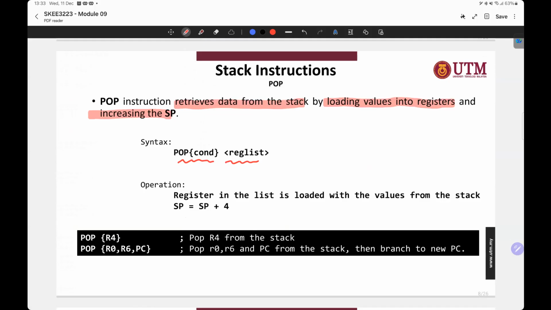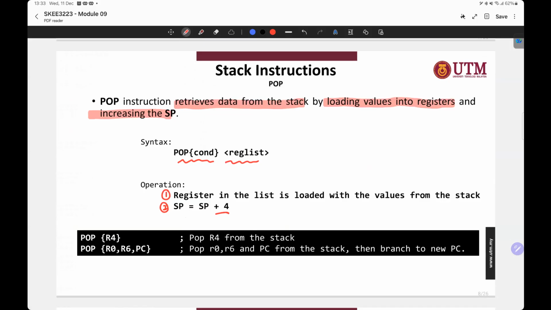The operation is: first, the register in the register list is loaded with the value from the stack. Whatever value is inside the stack will be loaded to your register. Then after that, the stack pointer is incremented by 4 bytes. Why 4 bytes? Because we are dealing with 32-bit data.